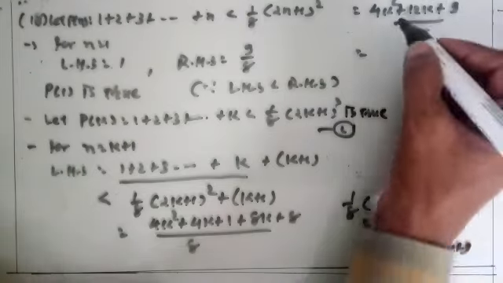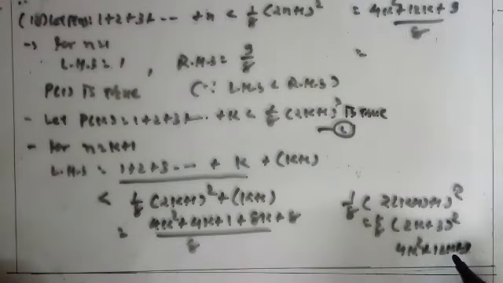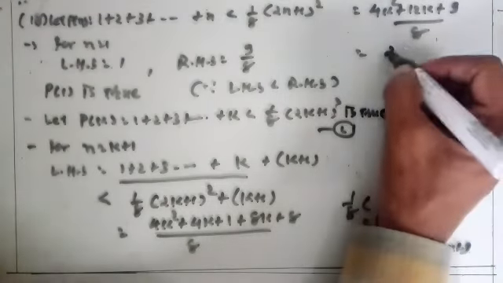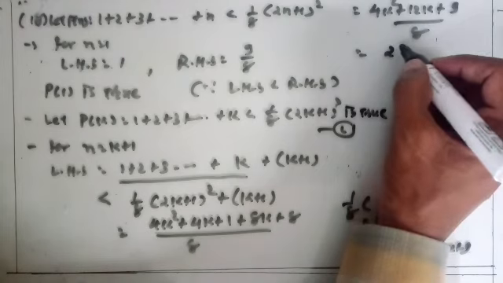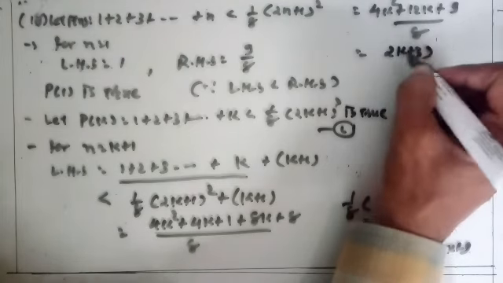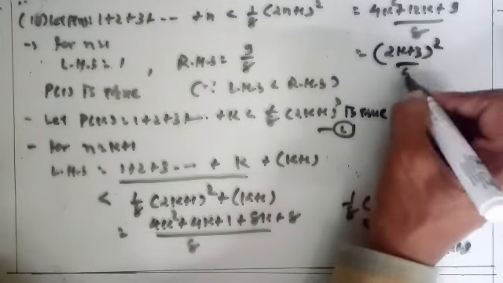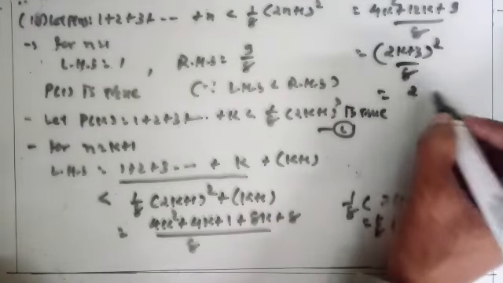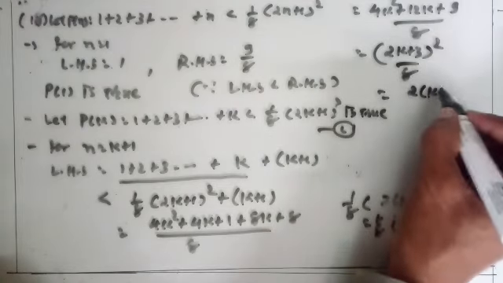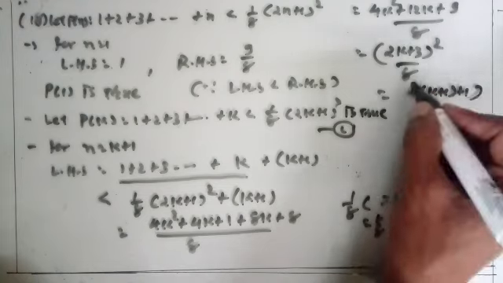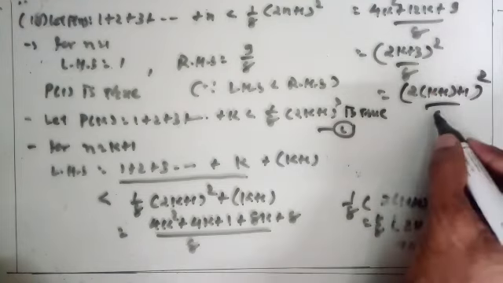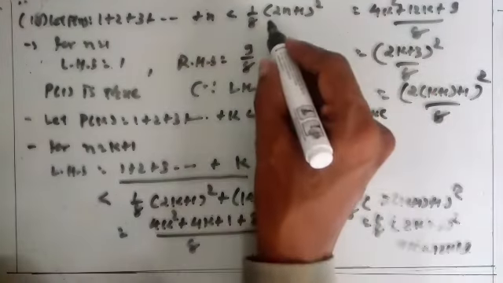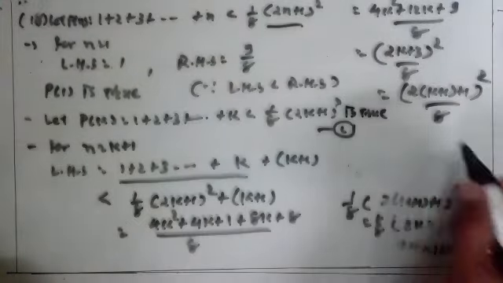So we get this 4k square plus 12k plus 9. So this becomes (2k plus 3) raised to 2 upon 8. So this is equal to (2 into (k plus 1) plus 1) raised to 2 upon 8. Clear? So this is true for n is equal to k plus 1.